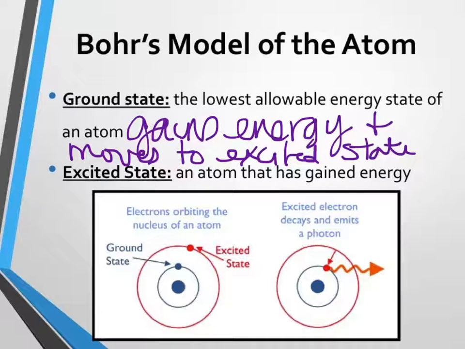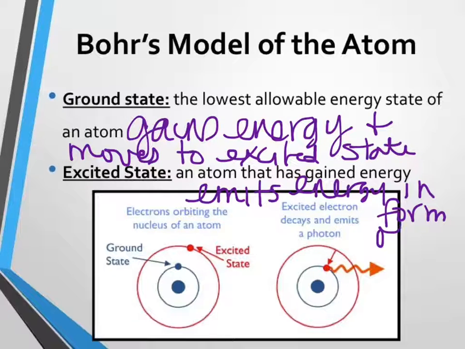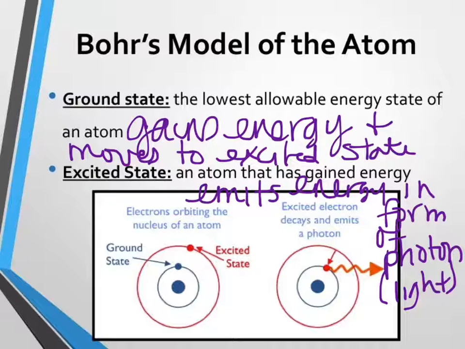When it kicks out that energy, it emits energy in the form of a photon, which is also light. So to go from ground to excited, they have to gain energy, and when they go from excited to ground, they emit energy or a photon. They lose energy in the form of a photon.